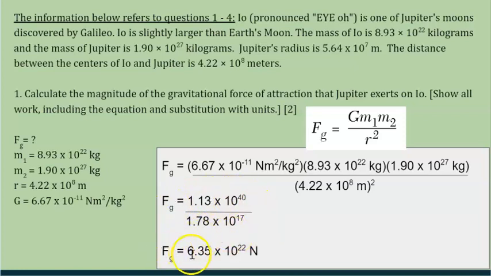And then your answer needs to have the exponent and the units. So if you got 6.35 times 10 to the 50 something, that would be considered wrong. It should be 6.35 times 10 to the 22, and it has to have newtons. If you did get 6.35 or 6.348 or something like that, but you got a different exponent, most likely something was missing parentheses, or maybe you forgot the negative here.